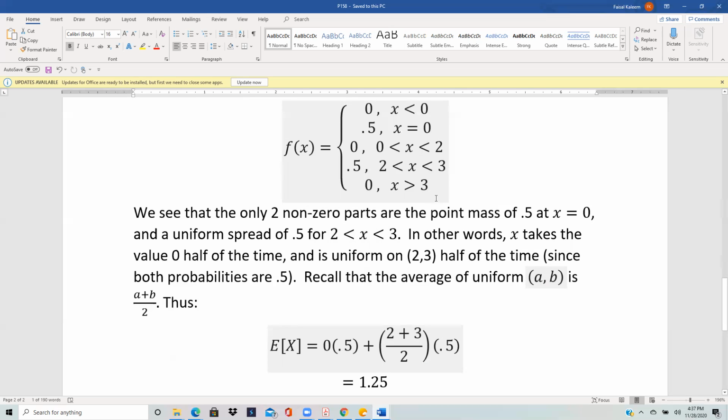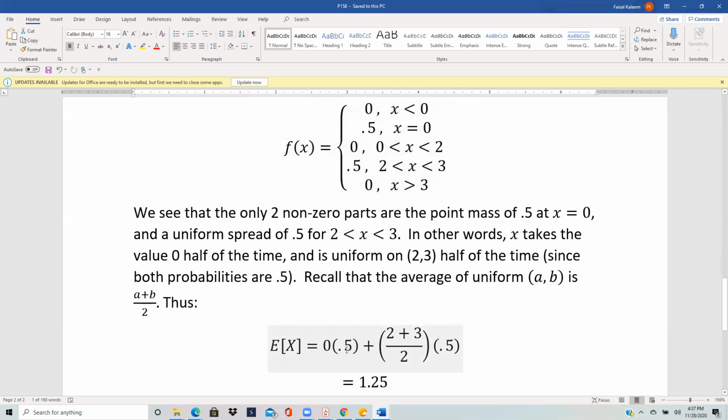And so normally the expected value of a uniform A, B distribution we know is (A plus B) by 2. So the expected value of this uniform distribution, which is between 2 and 3, will be (2 plus 3) by 2. But this expected value occurs half of the time because this has half the probability on it, and half of the time it's 0.